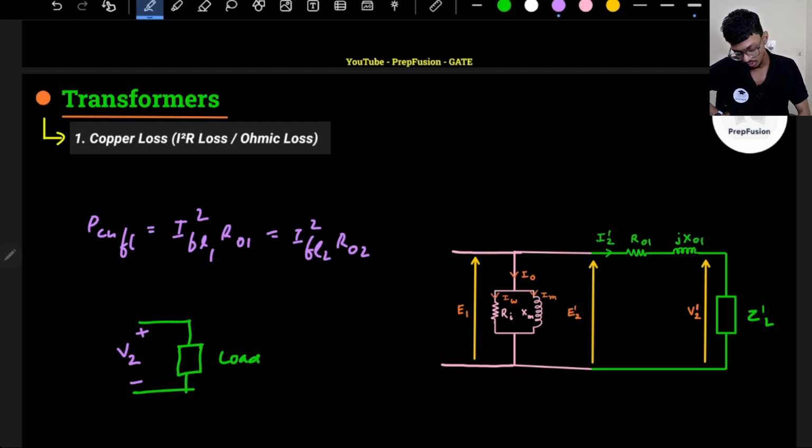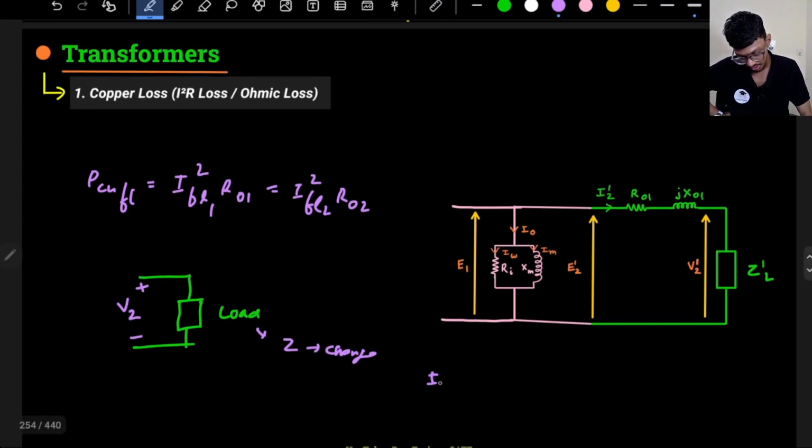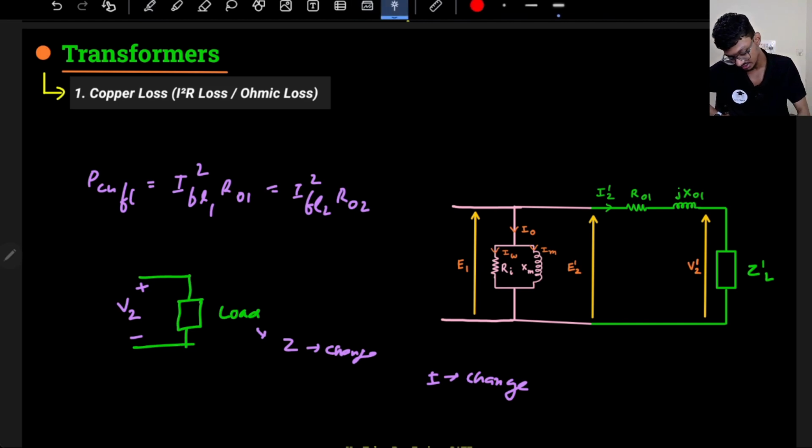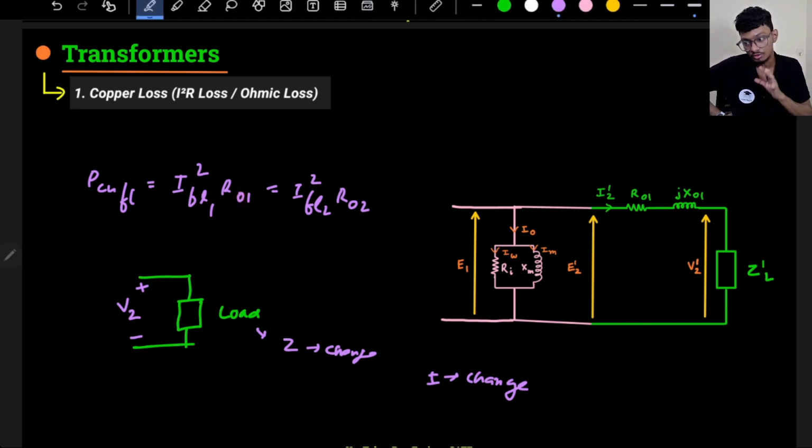So if I change the load, the impedance will change. If the impedance changes and voltage is fixed, the current will change. So basically we vary the current, and if current varies, the copper loss also will vary, as a square. So my current I is some x of IFL.